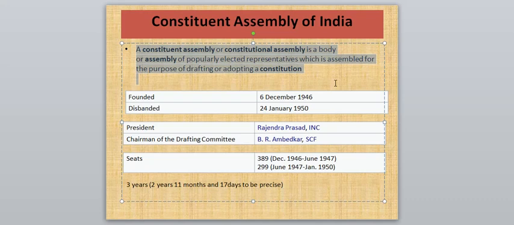It means an assembly, a legal body of elected representatives, whose main purpose is the drafting of the constitution, to write the constitution, to discuss it, to debate it, to do the amendments. All those come under the constitutional assembly. I hope it is clear to you what is a constitutional assembly.